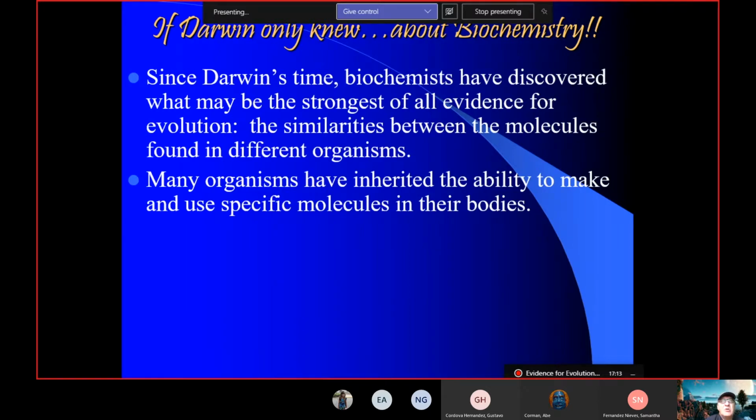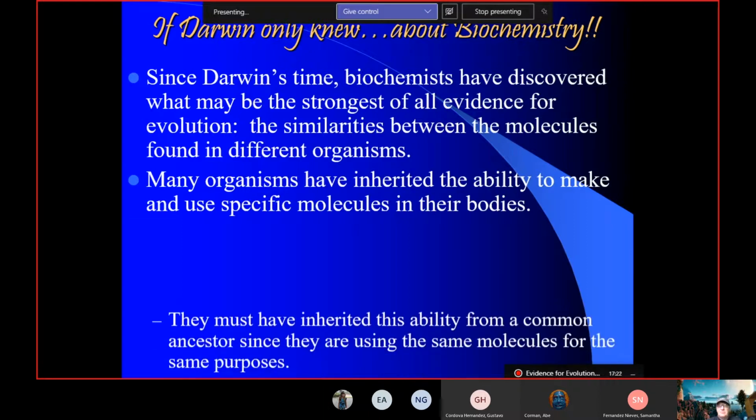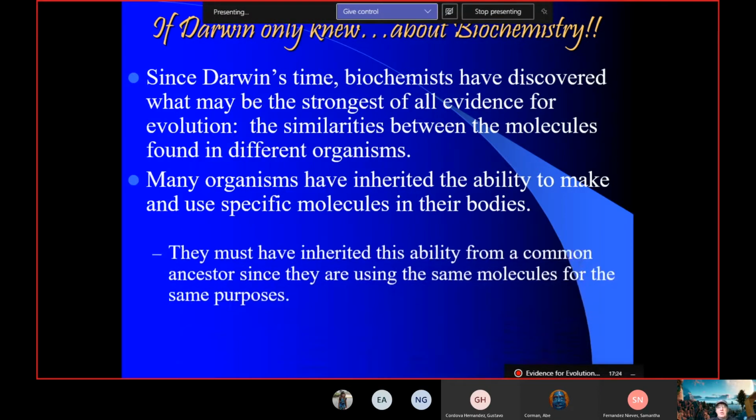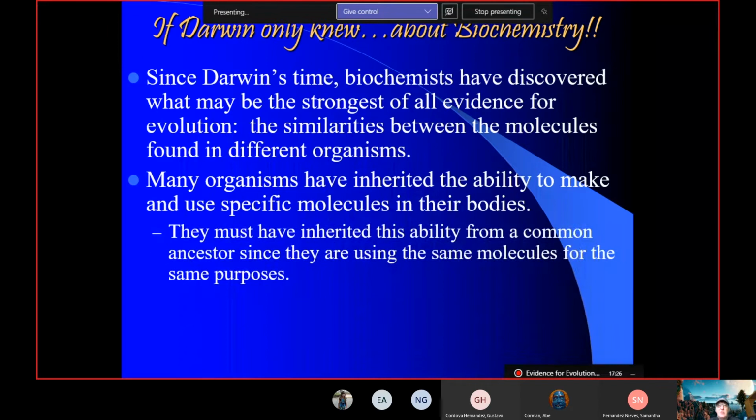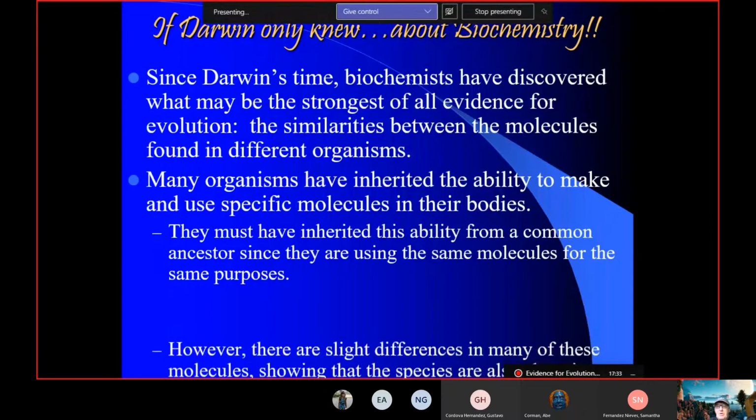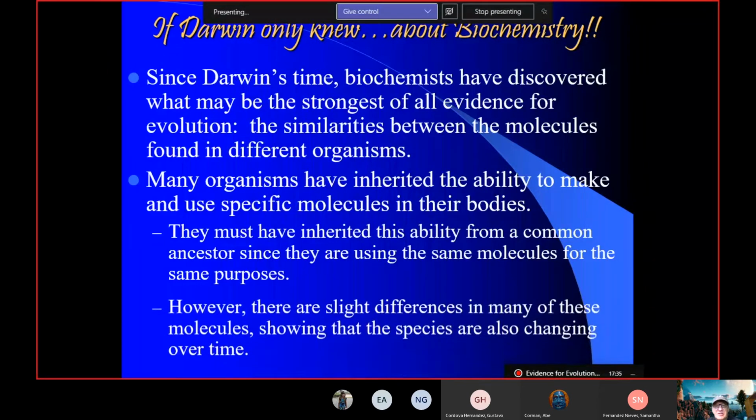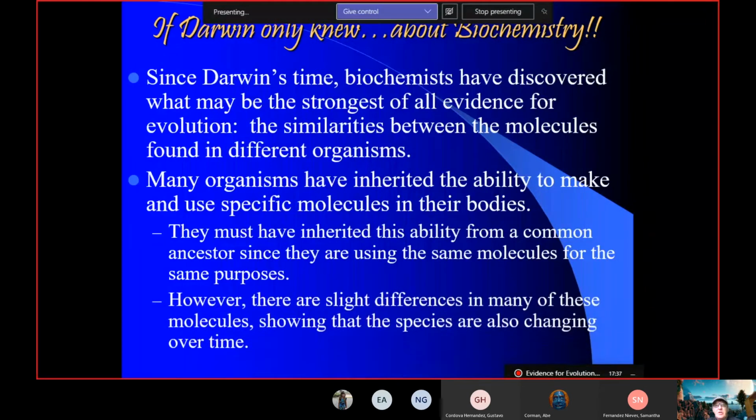But usually the molecule is somewhat modified, which is showing that it's continuing to change. So we're using the same molecule for the same purpose, which says we got it from a common ancestor. But we can see slight differences in these molecules, showing that we continue to evolve, we continue to change.